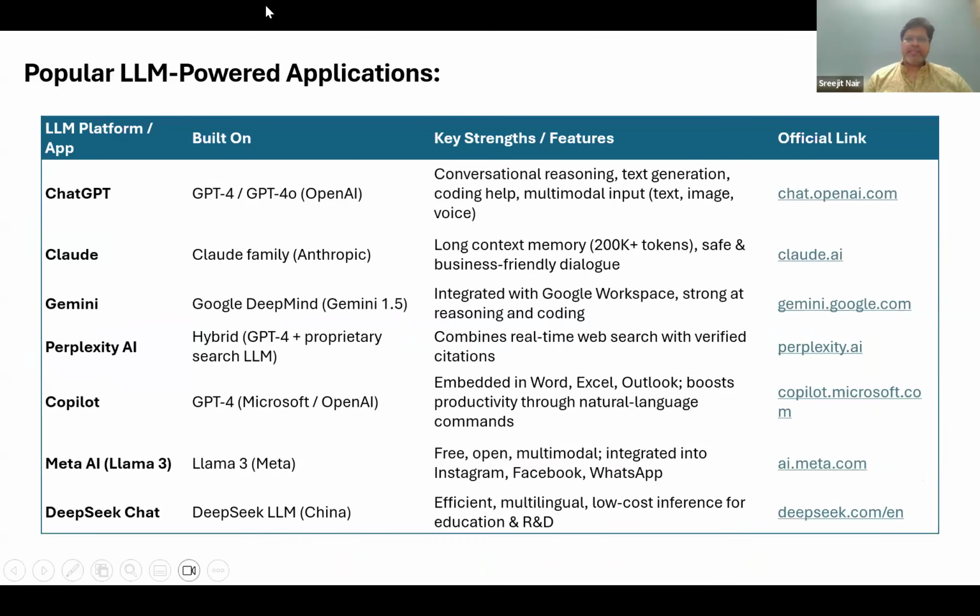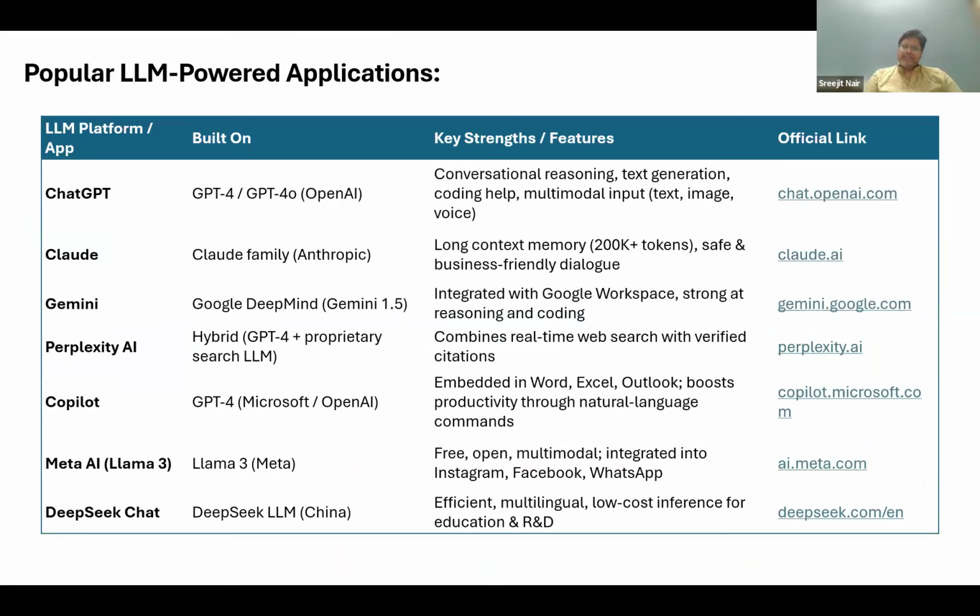So now I'll just take you through the powerful LLMs that exist as of now. So there is ChatGPT from OpenAI, the original LLM that was introduced, post which a lot of other organizations came up with their own versions.